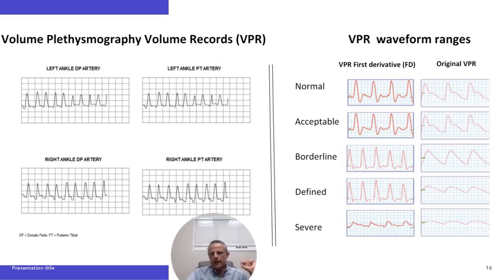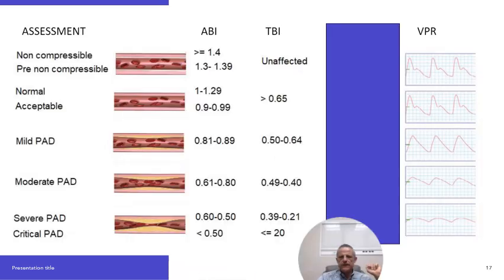What we're more interested in is the original PVR, and there are the normal, the acceptable, borderline, defined, and severe, which are variations in those waveforms. There's a table here in this presentation which gives you an idea of the ABI ranges and pictorial representation of the degree of stenosis that's occurring. Similarly, the TBI numbers, these are for reference.